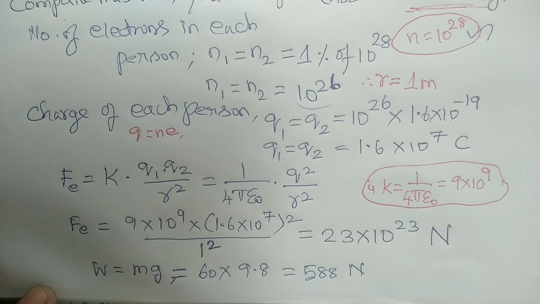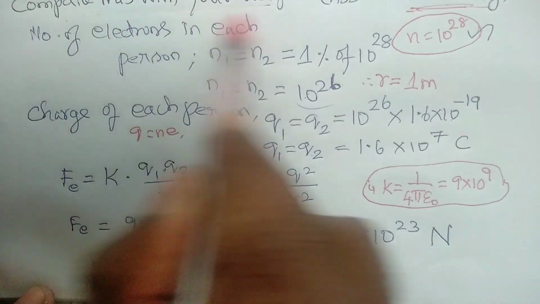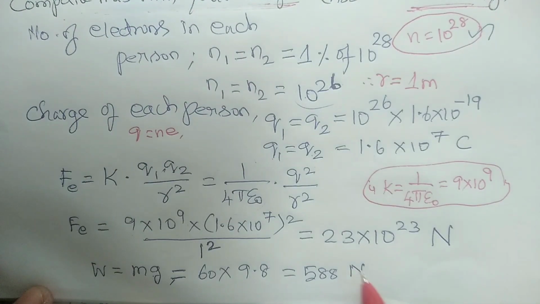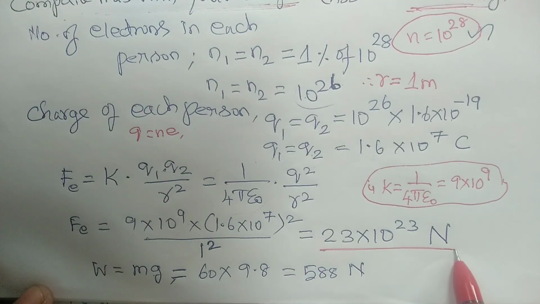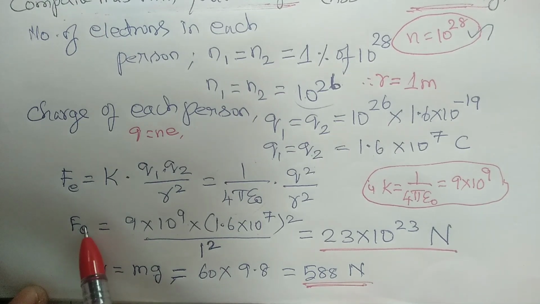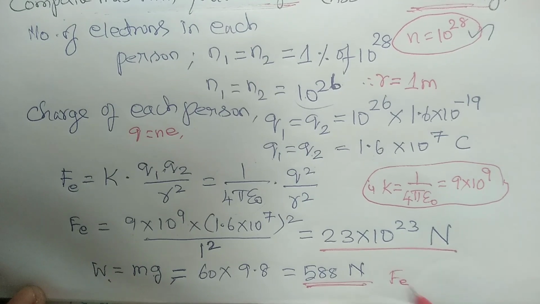Our aim is to compare this electrostatic force with your weight. We see 23 into 10 power 23 Newton and 588 Newton. So the electrostatic force is very much greater than the weight of your body. F_e is much greater than W.